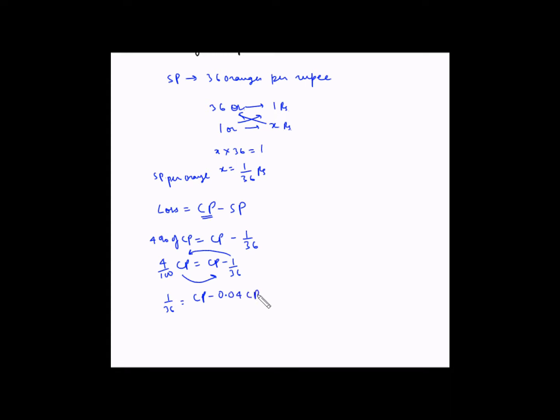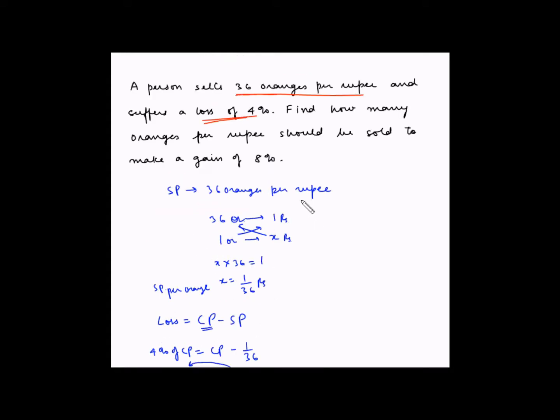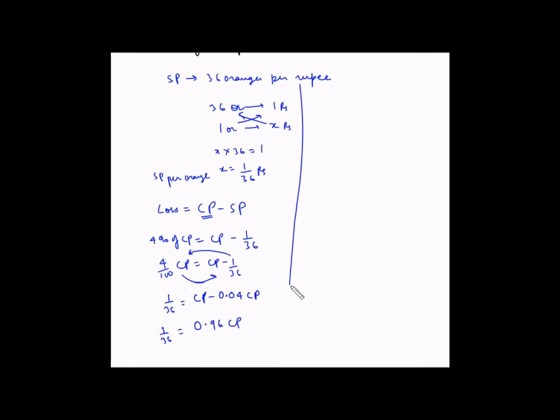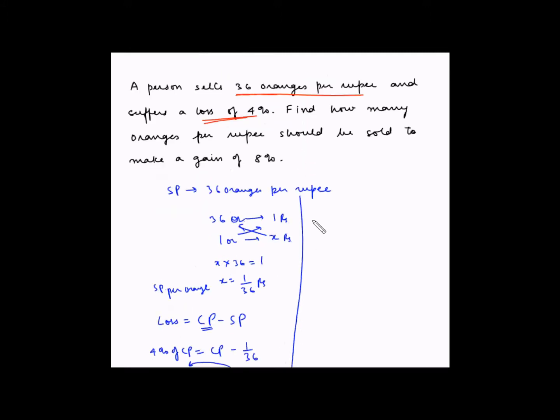1 by 36 is equal to CP minus 0.04 times CP, or 1 by 36 is equal to 0.96 times CP, and this implies that CP is equal to 1 divided by 0.96 multiplied by 36.